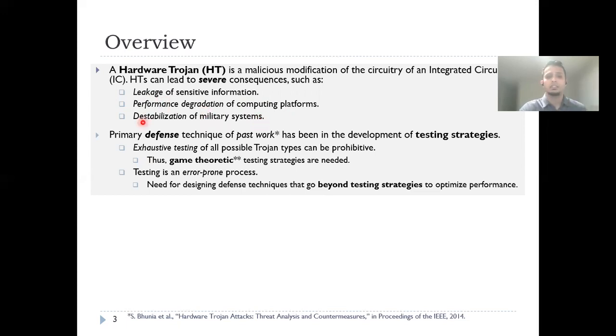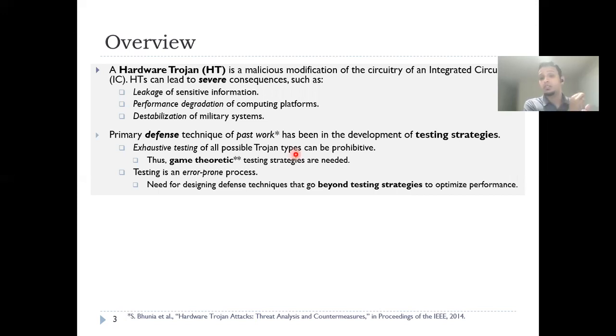In the past, some defense techniques have been seen to detect Trojans and find testing strategies, but we have to be mindful that exhaustive testing of all possible Trojans is prohibitive. It can be due to cost issues, okay?